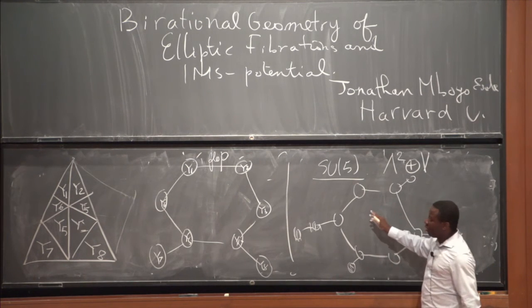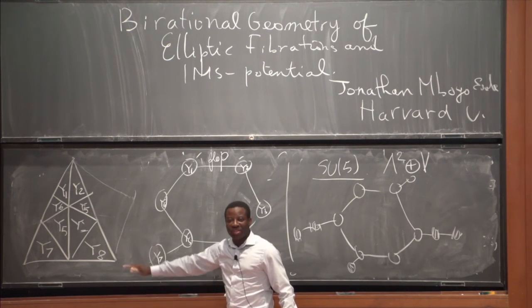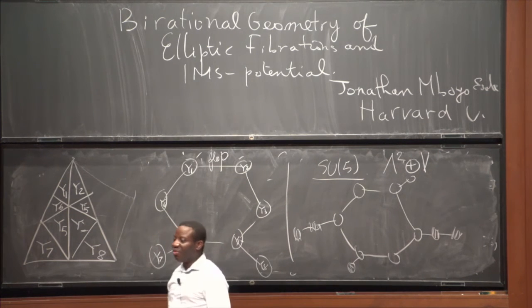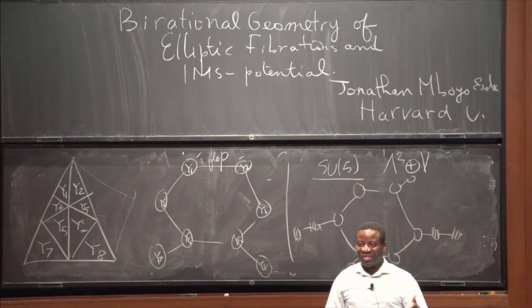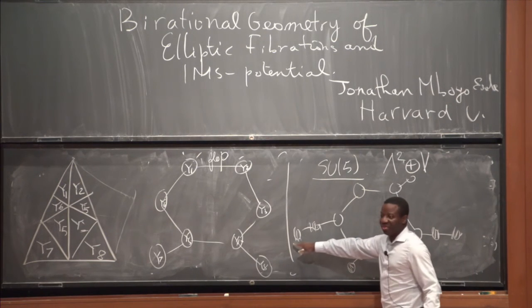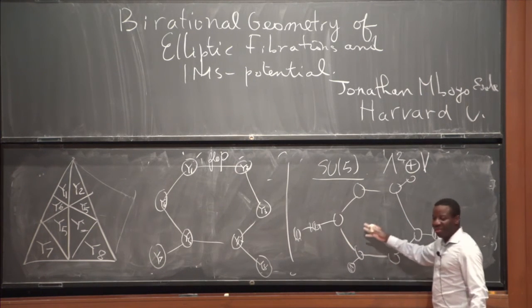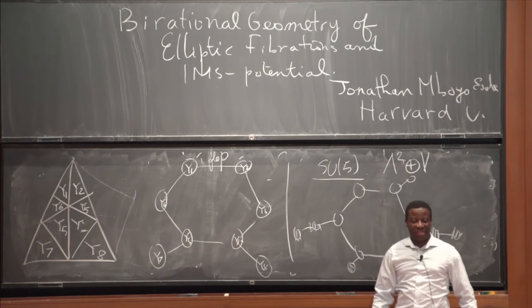And that prediction was based on the use of the Intriligator-Morrison-Seiberg potential. So first when they did that, we were like, you know, these are just physicists. They don't know what they're talking about. And so we tried to disprove that these guys actually do not exist. And after a lot of effort, we could actually construct each one of the missing geometries.